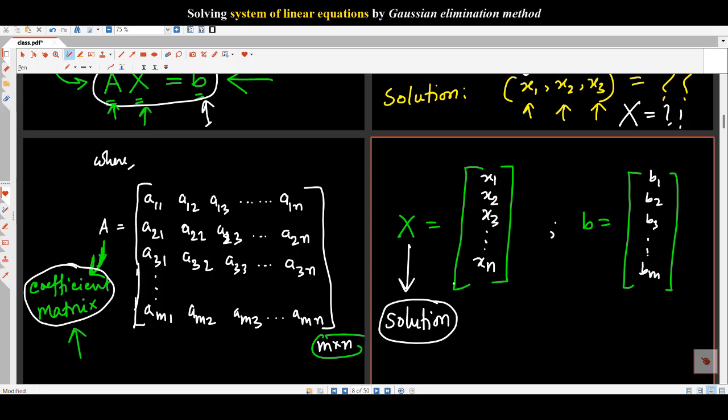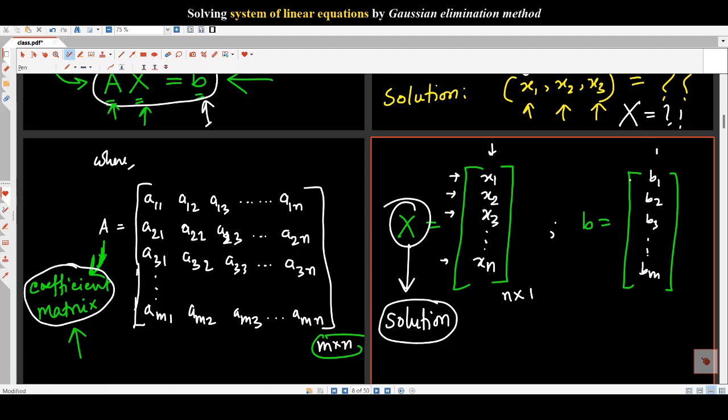So what is a column matrix? A column matrix is a matrix where we have many rows but only one column. Have a look. You can see here we have 1 row, 2 row, 3 row, n number of rows. So first, second, third up to nth row. That means we have n by how many columns? Only one column. So the size of this matrix is n by 1.